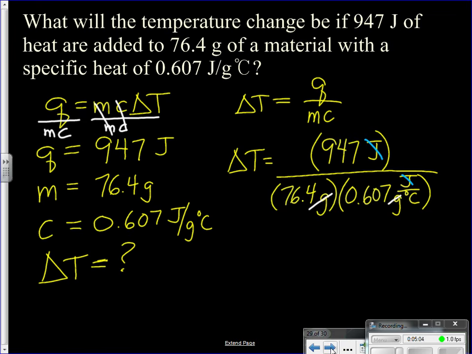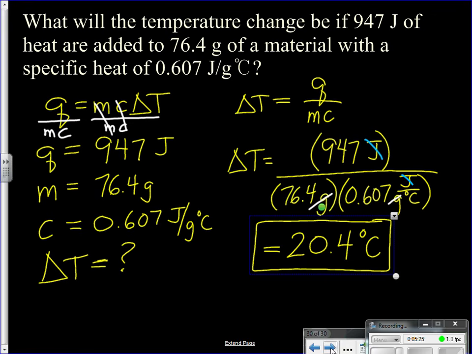We've got grams. They're both down in the denominator, but we have one above the line and below the line down in the denominator. And that leaves us with units of degree C, which is in the denominator of the denominator. Or we could say 1 over degree C, and that will just end up being degree C. So our final answer is 20.4 degrees C.